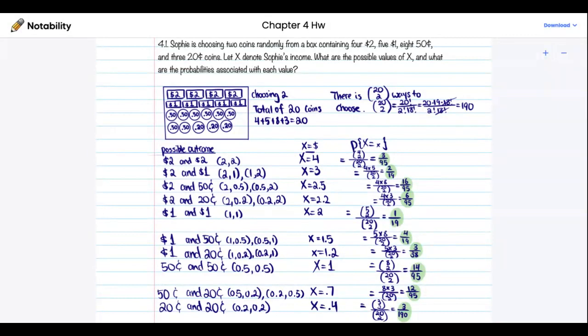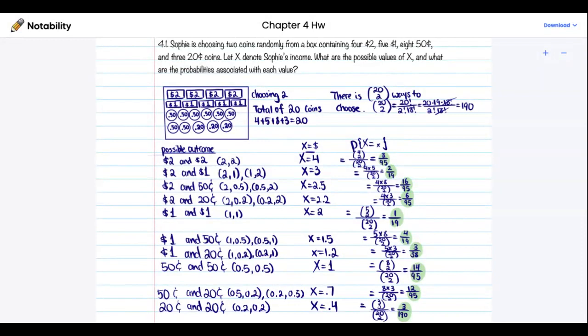The next outcome is a $1 and a 20 cents, giving $1.20, with probability 5 times 3 over 20 choose 2, which equals 3 over 38. Choosing a 50 cent and a 50 cent gives $1 in total, with probability 8 choose 2 over 20 choose 2, which equals 14 over 95.